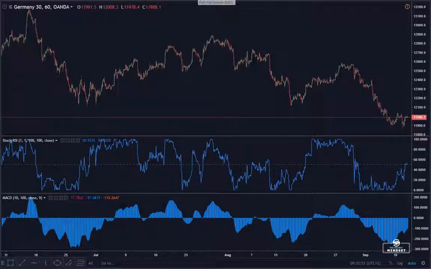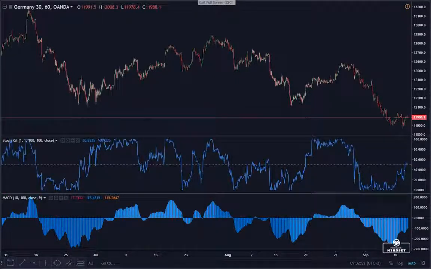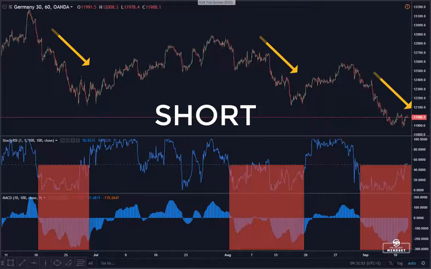Here's another chart, this time the DAX index. We look for buy signals when the stochastic RSI is over 50 and the MACD above 0, and we look for short opportunities when the stochastic RSI is below 50 and the MACD below 0.